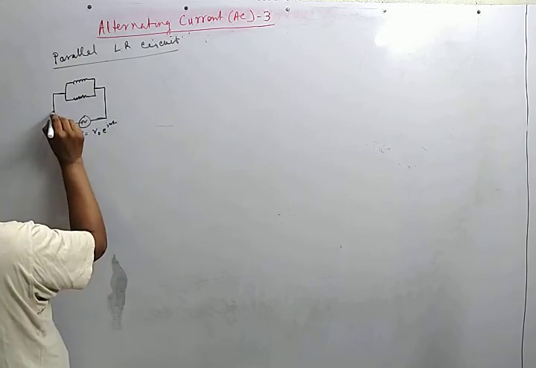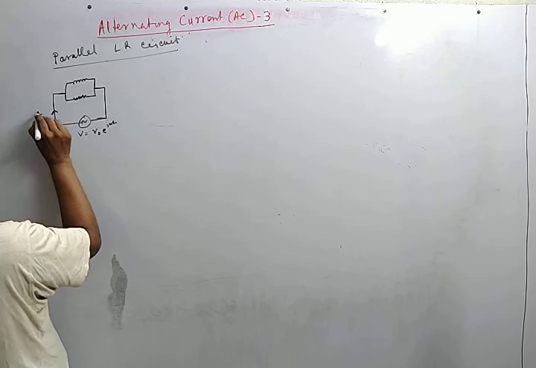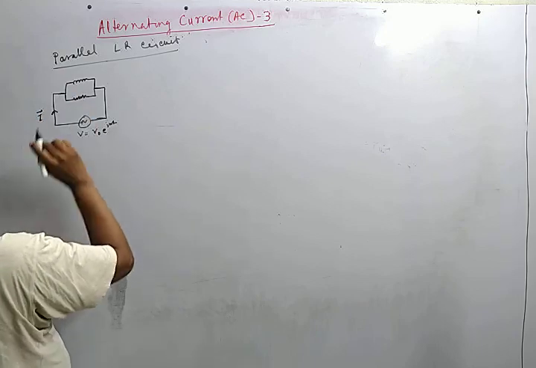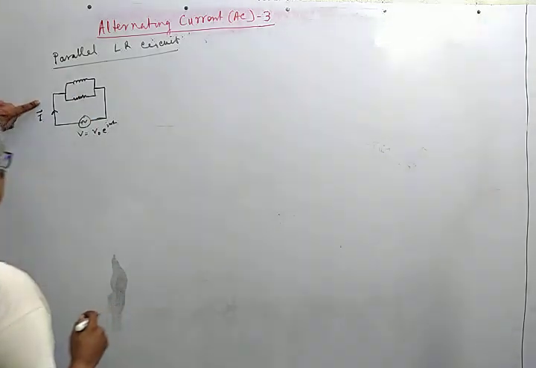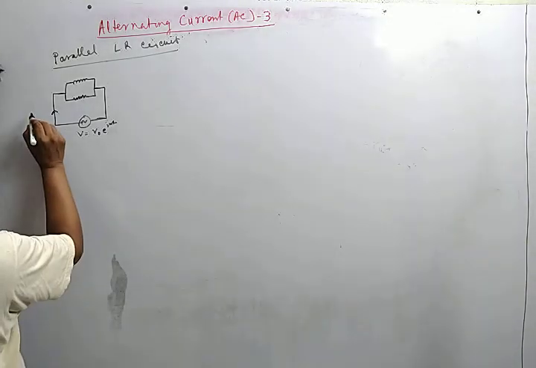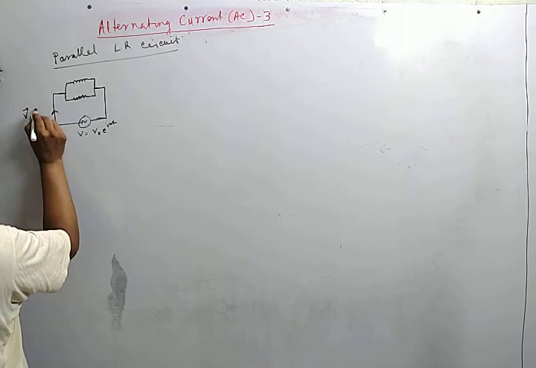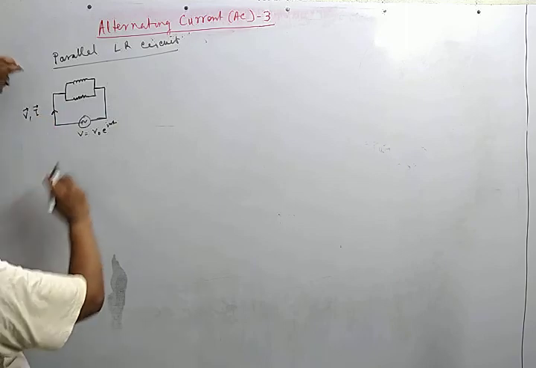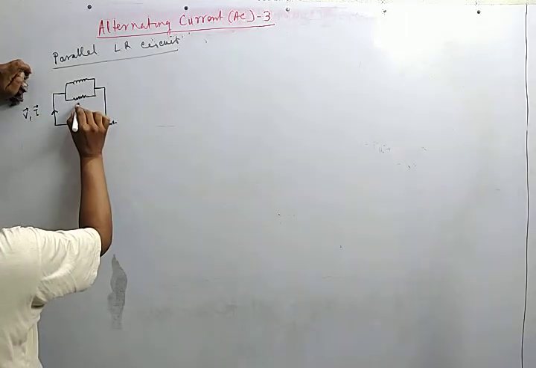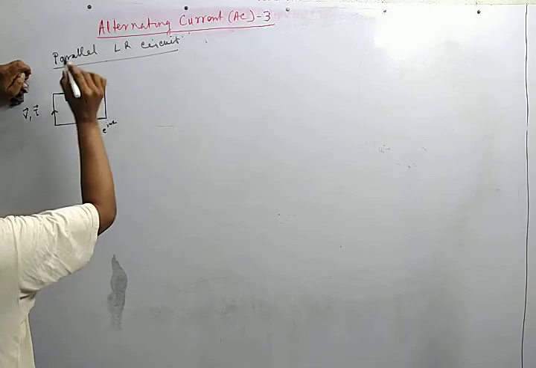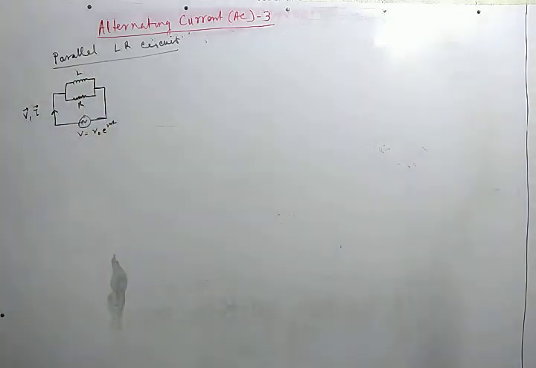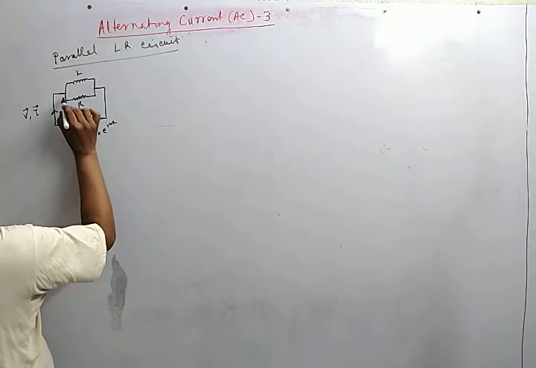Now, at a particular instant, this is the voltage phasor and the current phasor I. The voltage across both R and L is the same because they are parallel, but the current gets divided over here.